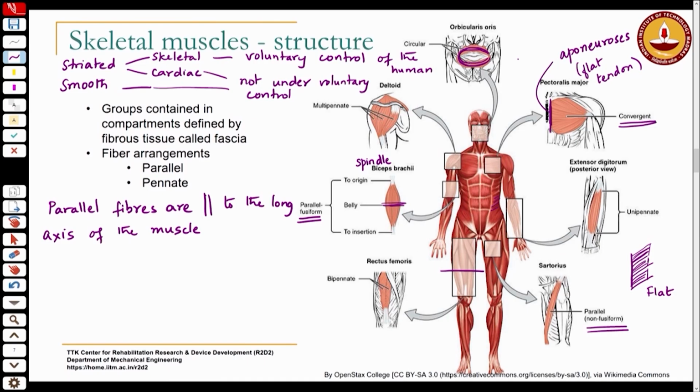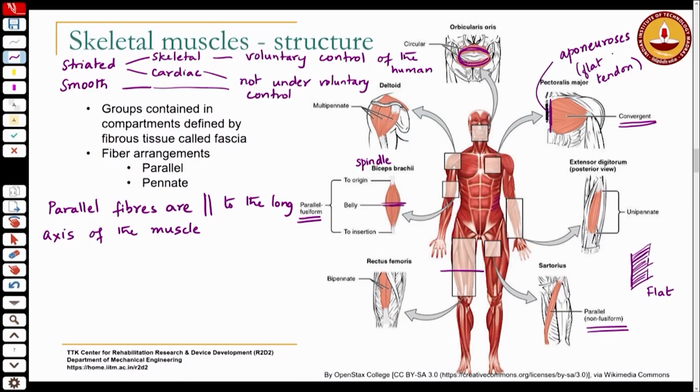You could have the flat, the fusiform, the non-fusiform, the convergent and the circular. These are the possible arrangements in the parallel arrangement of the muscle.